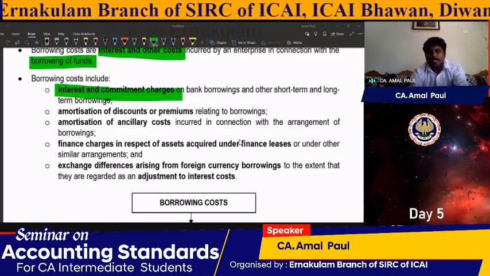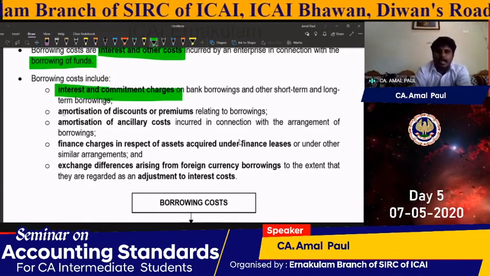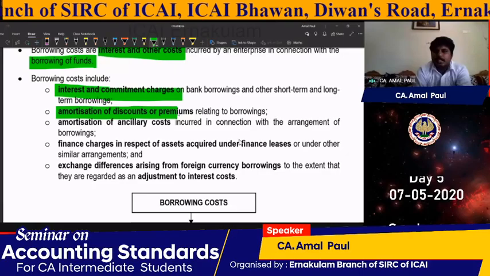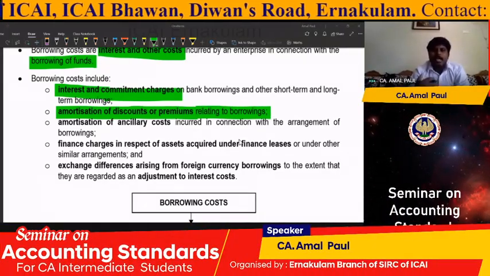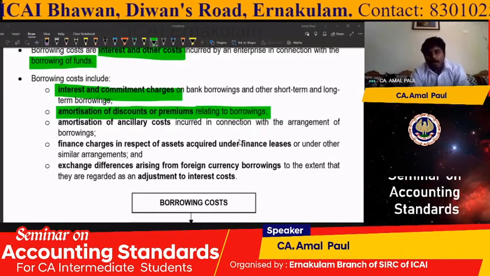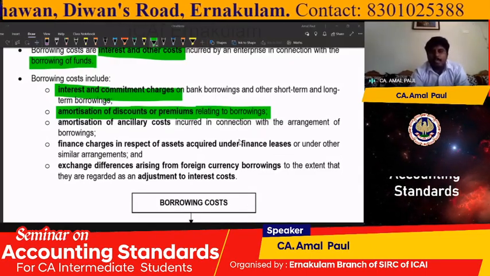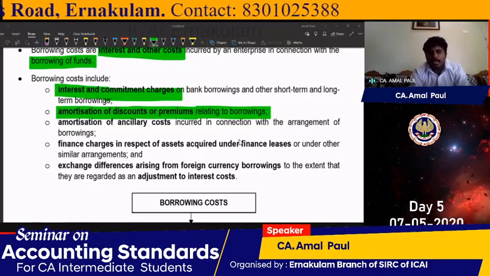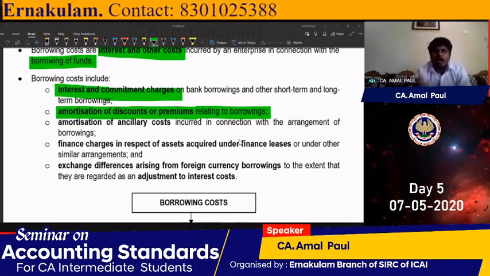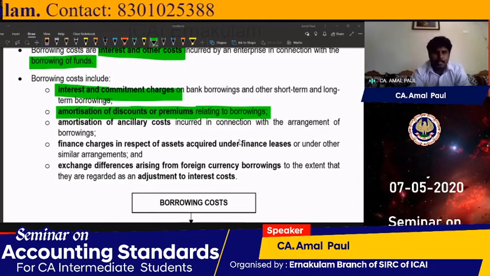Second component is amortization of discount or premium relating to borrowing. If you check your foundation level, or your +2 accounting, you had learned how to account for issue of debentures.